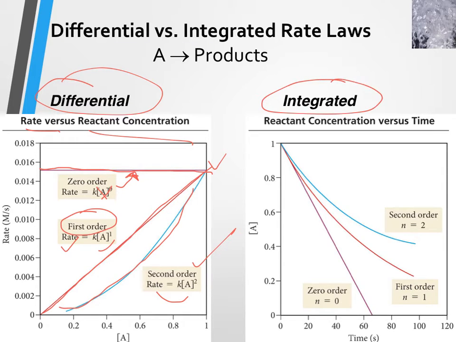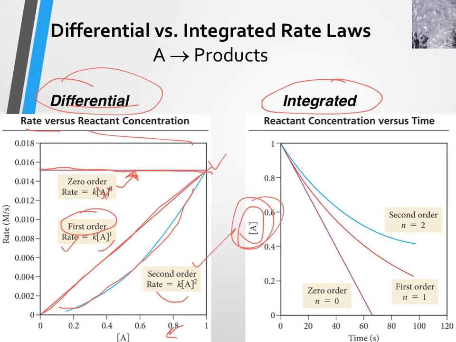Now the integrated rate law, we're going to use graphs even more than we did in the differential rate law. Notice also what's on the x and y axes of these two graphs. Concentration of a substance is on the x-axis for the differential rate law, but shows up on the y-axis for the integrated rate law.